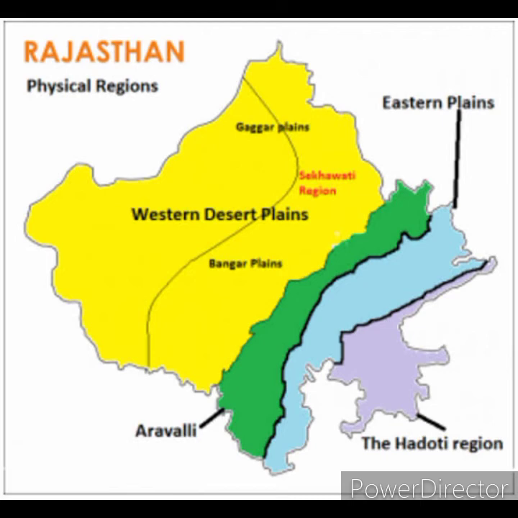So these are the most important terms which we have learnt in this lesson, and a few points you should remember. The Great Indian Desert, which is also known as the Thar Desert, lies in Rajasthan. A desert is a vast area of flat land covered with sand.